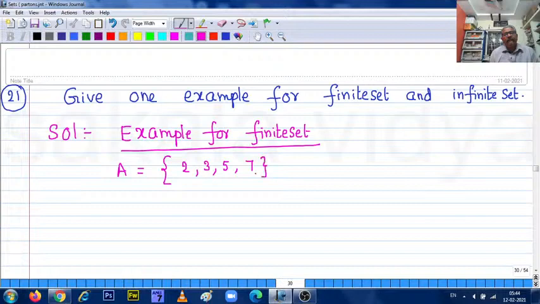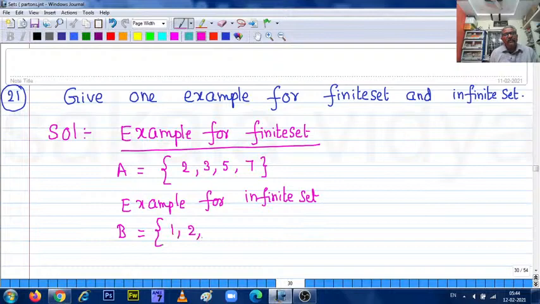Now an example for an infinite set. You say set B is equal to natural numbers {1, 2, 3, 4, 5, and so on}. This is called an infinite set. Give a simple example like this.